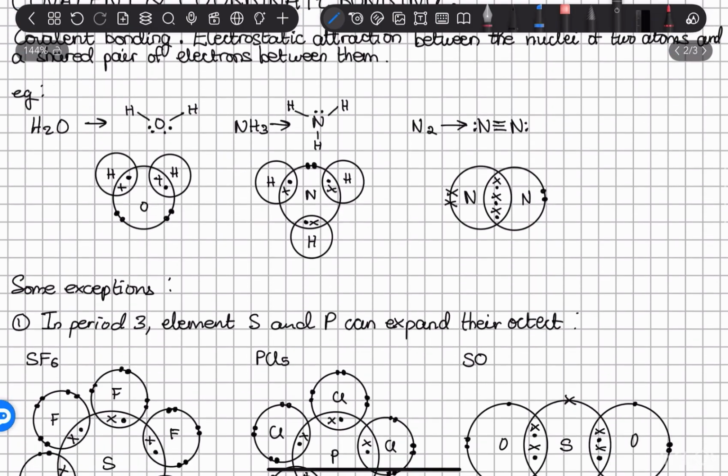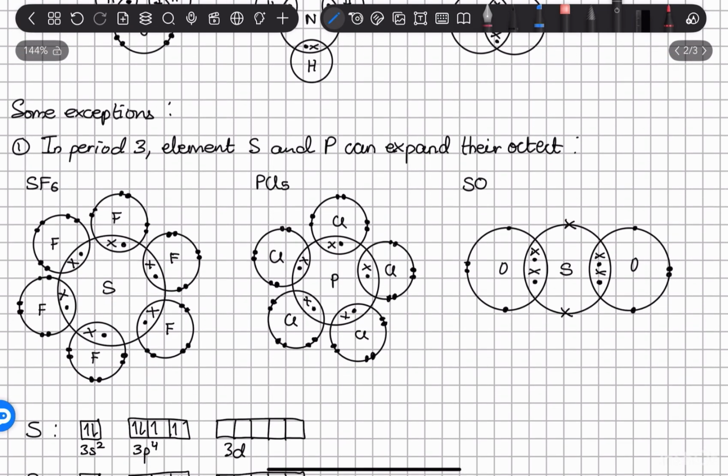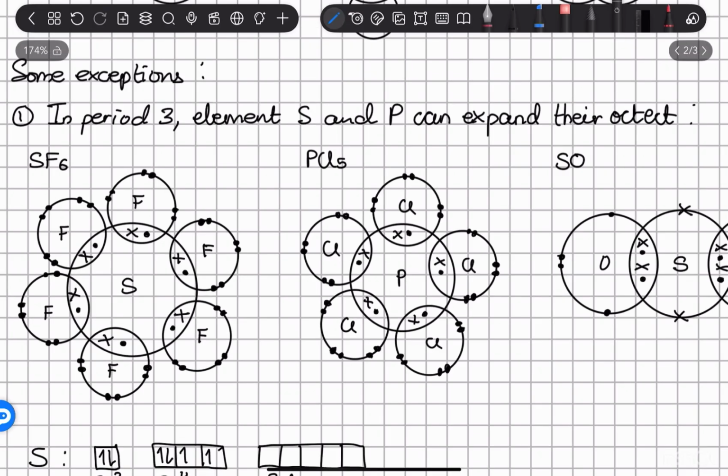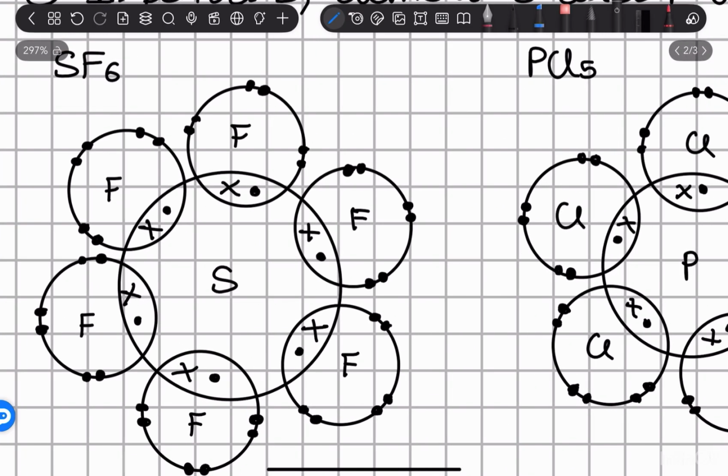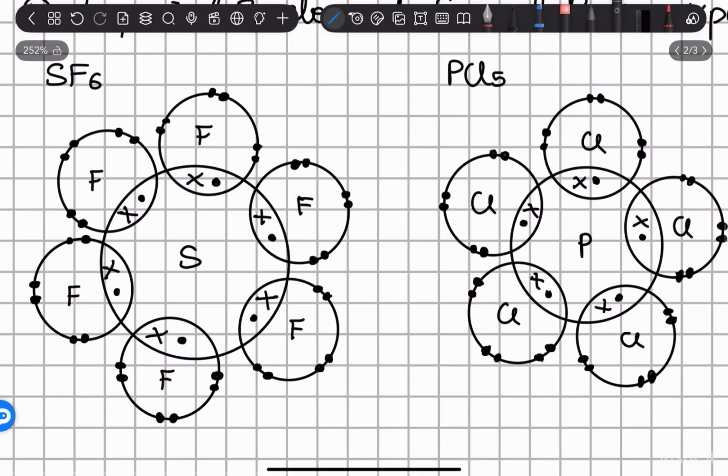Okay, those are the simple examples. Now some exceptions to that rule. In period 3, we have two exceptions, which are sulfur and phosphorus. These two elements can expand their octet. So they are not limited to 8 electrons in their valence shell. Here we have SF6, which means a sulfur atom can take up to 6 fluorine atoms.